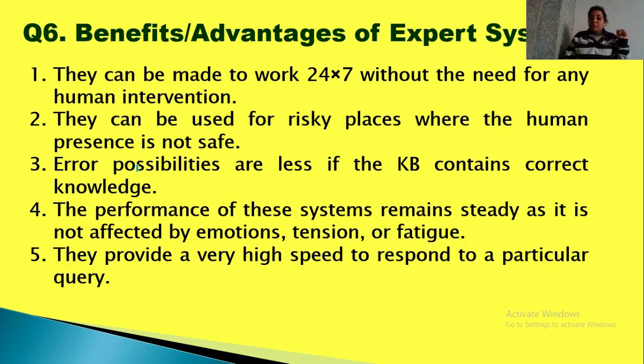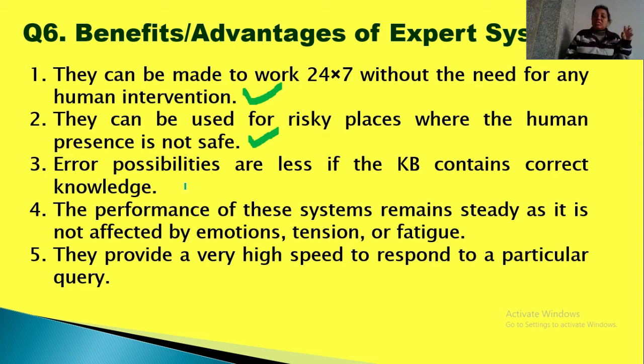Benefits and advantages of an expert system. Number one, any expert system can work 24/7 without any kind of human intervention. That is its beauty. Again, wherever human experts cannot work, an expert system is the best solution. Number three, the knowledge base is prepared on the basis of knowledge given by all the human experts of a particular domain, and the knowledge engineers translate it very accurately into the set of rules in the knowledge base.